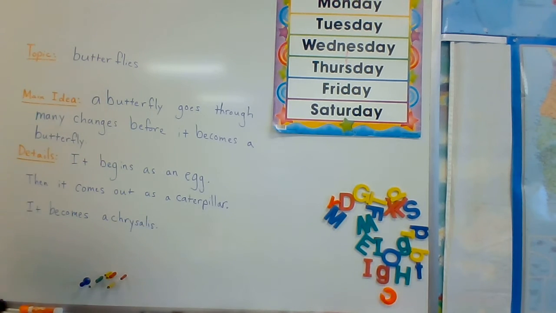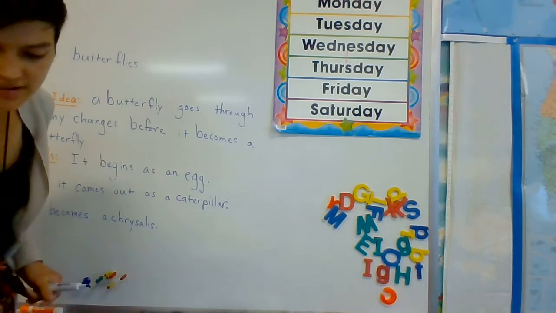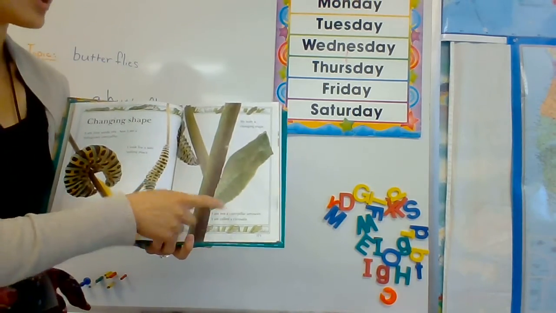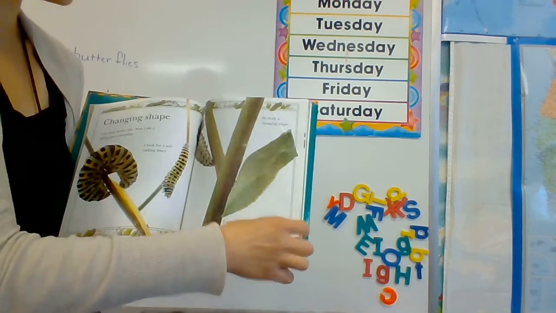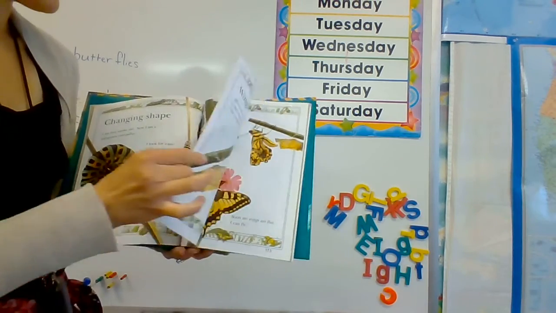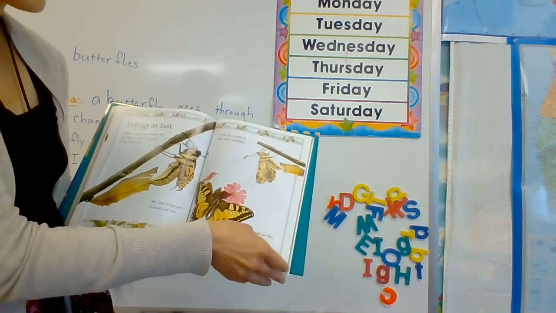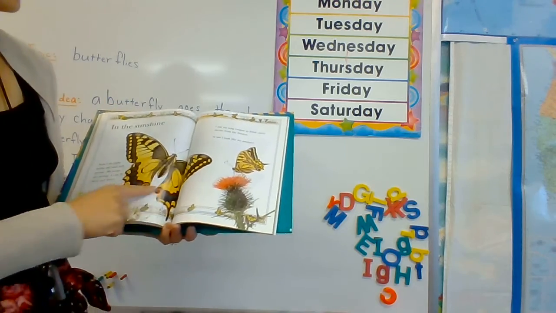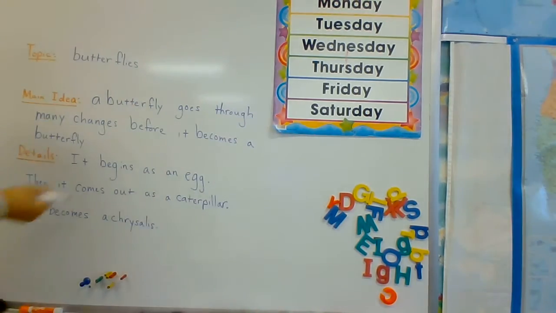All right. Then what happens? What is our last detail for this story? After the caterpillar makes a chrysalis, it becomes a what? It becomes a butterfly. So let me write that down.